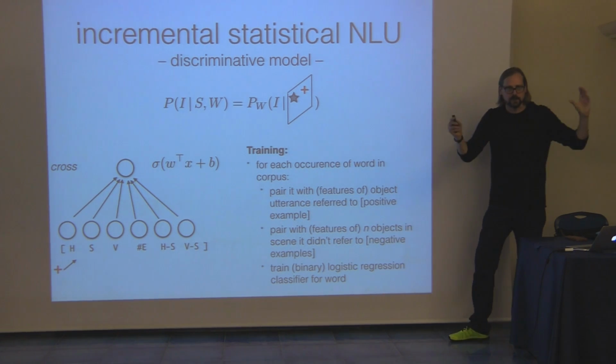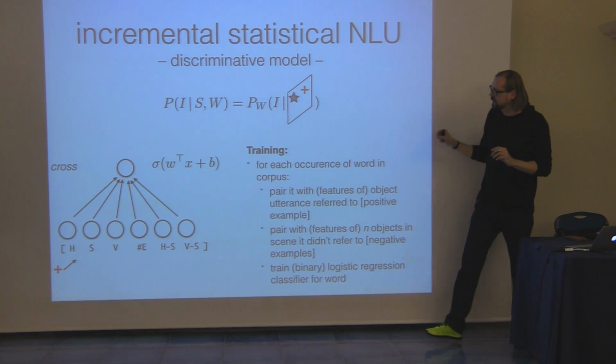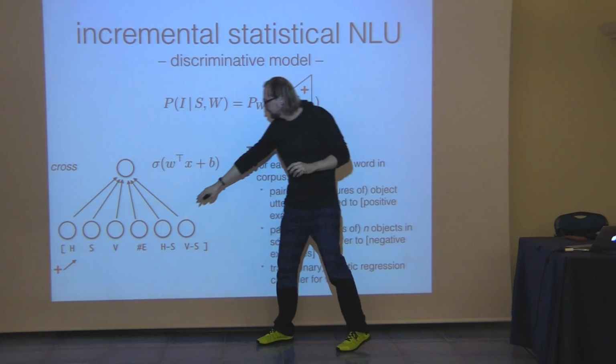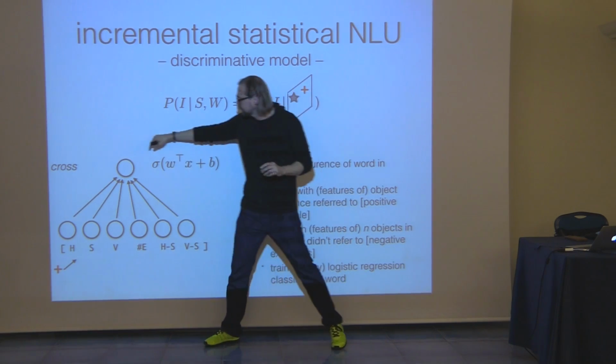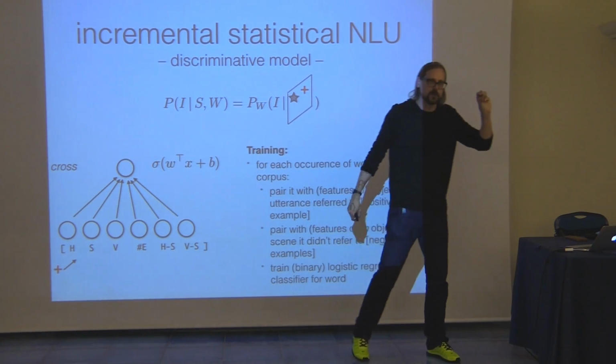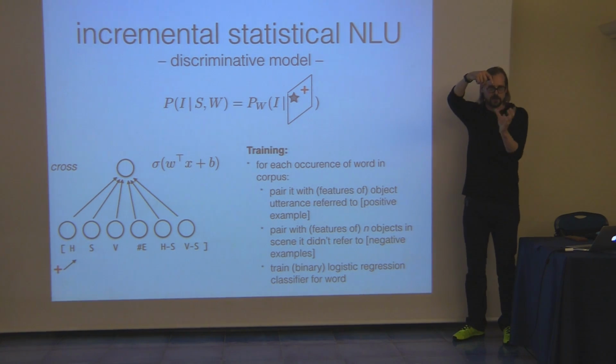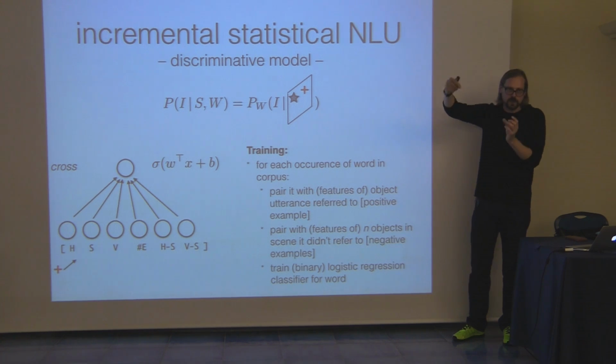So we have this vector. For each object we have a vector, and we pair. So the vector is the input, and the output for the classifier for this word is supposed to be 1 when you feed it the visual information of the object that the utterance referred to, and it's supposed to be 0.